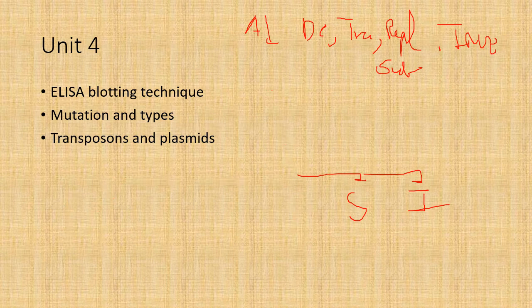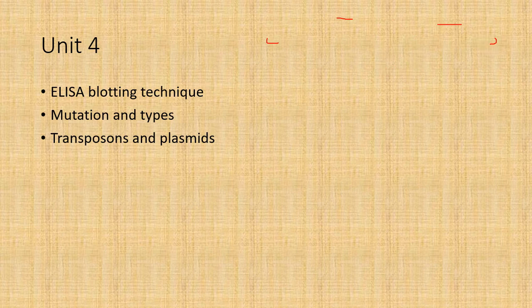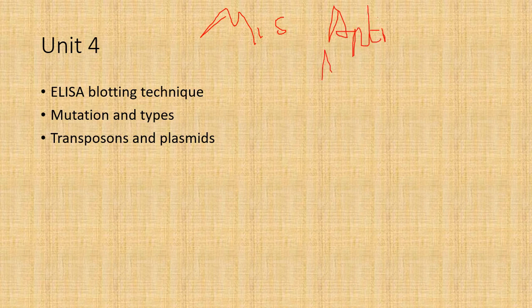So frame shift could be +1, +2, or half or single half, positive half, negative half mutation. Missense, antisense, and nonsense. You have to remember the difference between them. Missense, antisense, or nonsense.